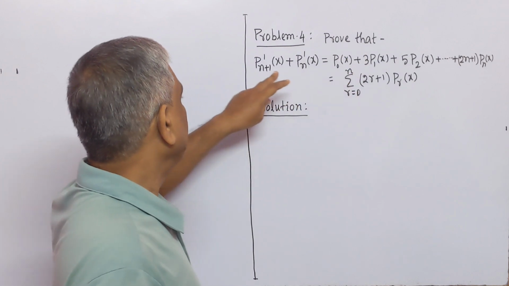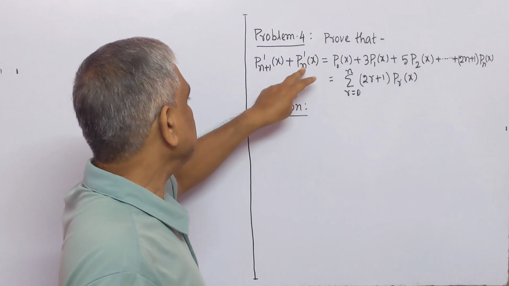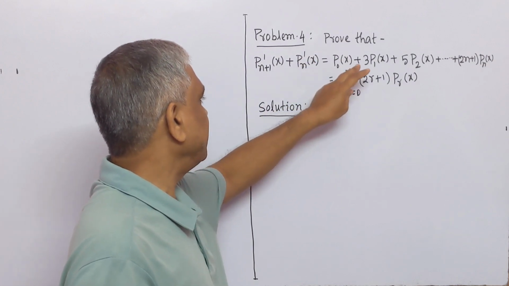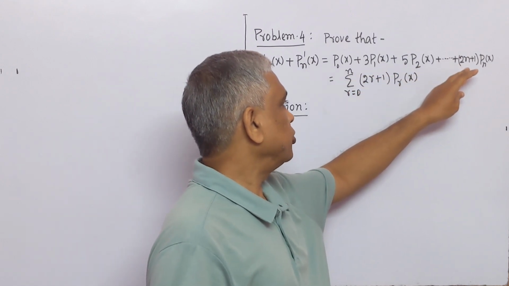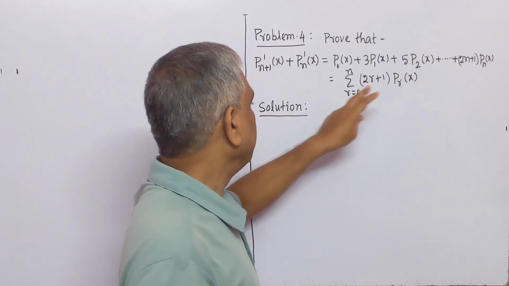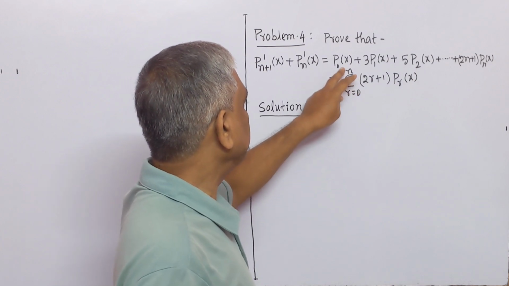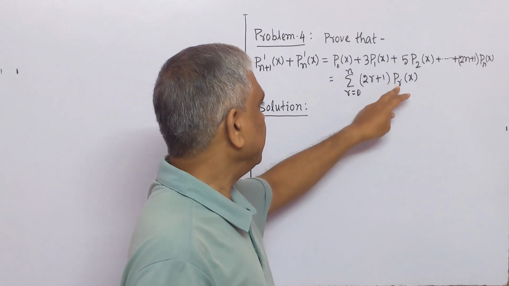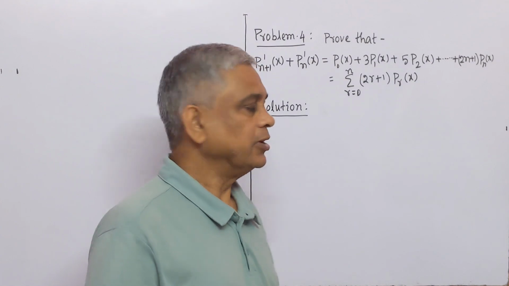Prove that P_{n+1}'(x) + P_n'(x) = P_0(x) + 3P_1(x) + 5P_2(x) + ... + (2n+1)P_n(x). In short, this equals the sum from r = 0 to n of (2r+1) P_r(x). Now we solve this.